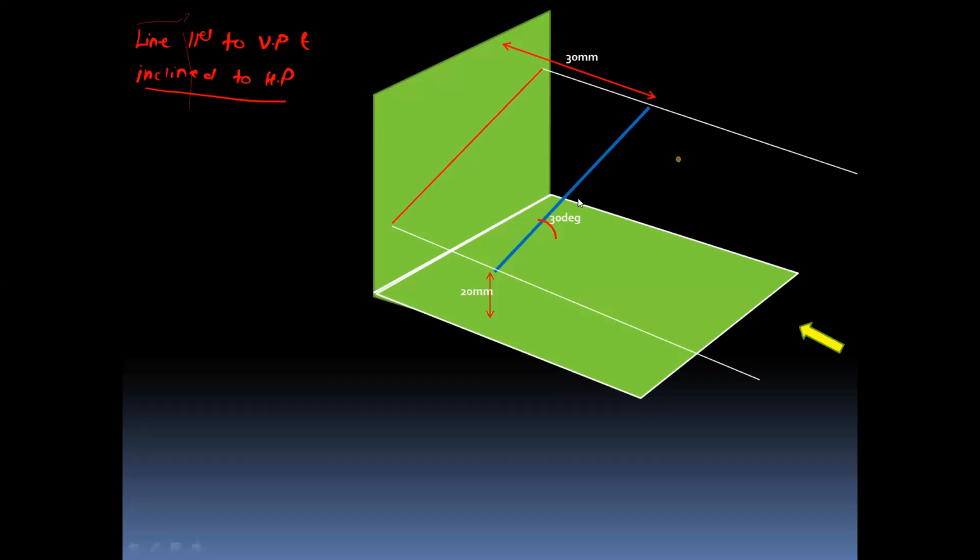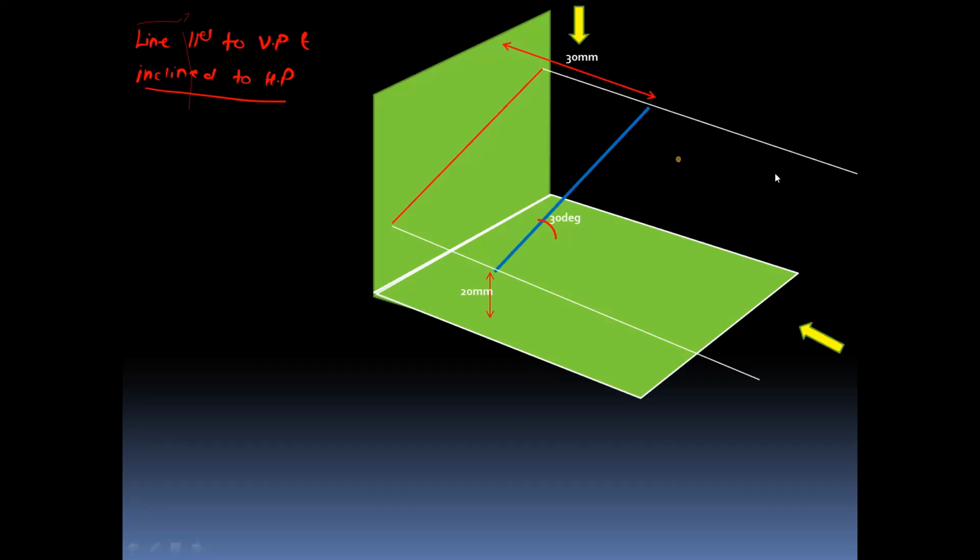Now, if you observe from the top direction, we will not observe the true length. We will observe a reduced length for that line. So from the top direction, as the line is inclined to the horizontal plane, the top view will not give the actual dimension of that line.